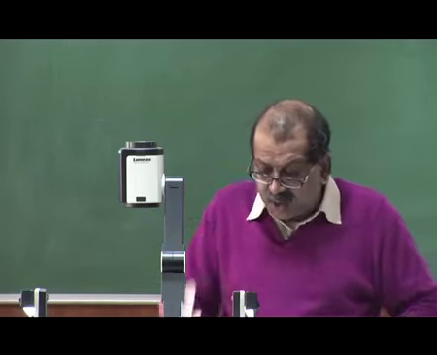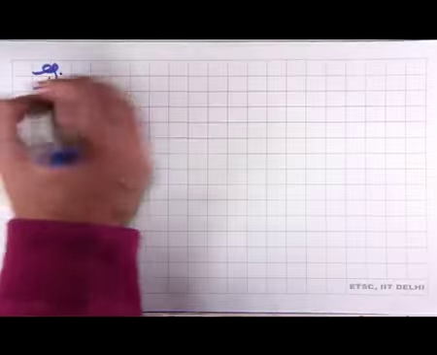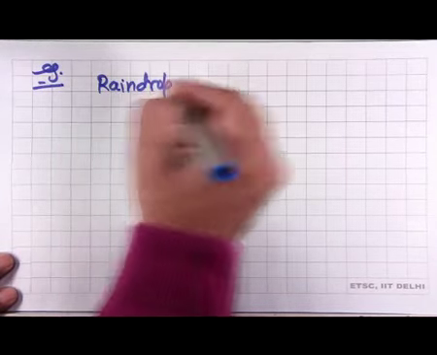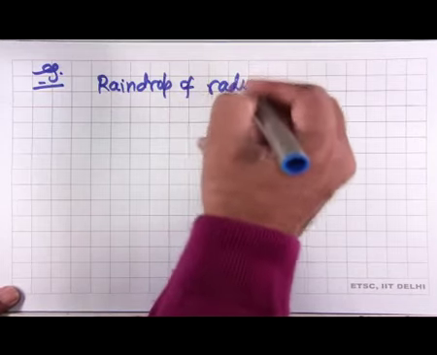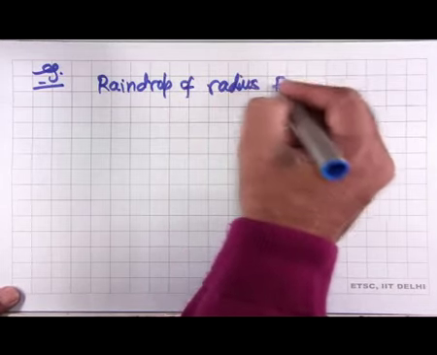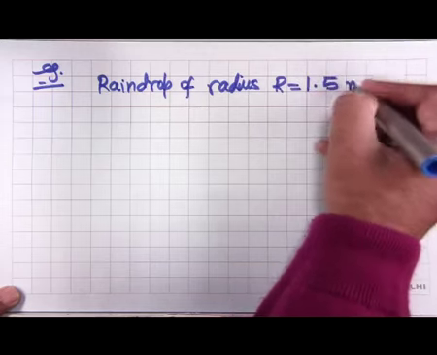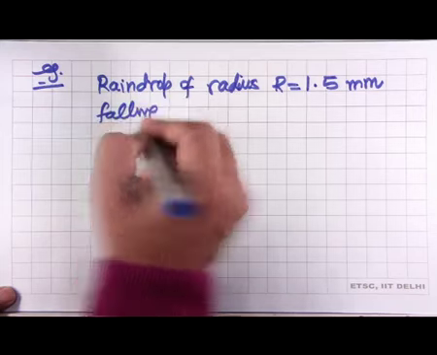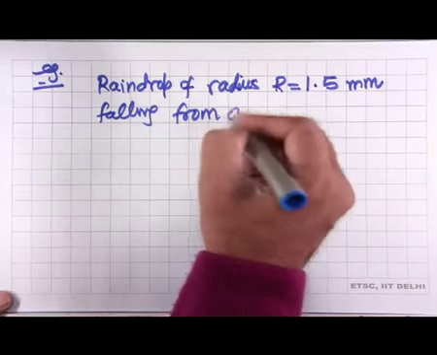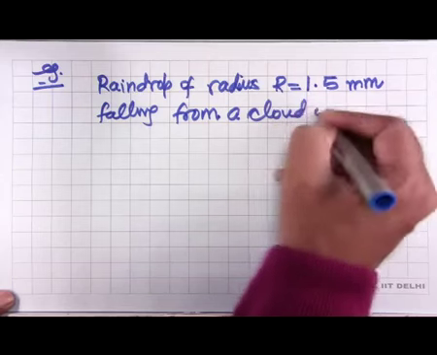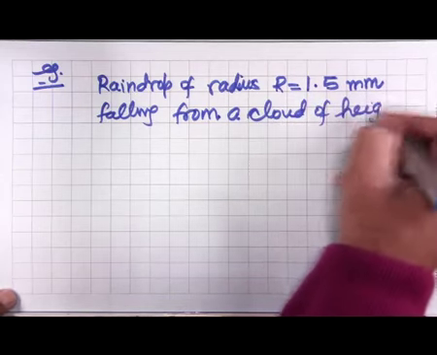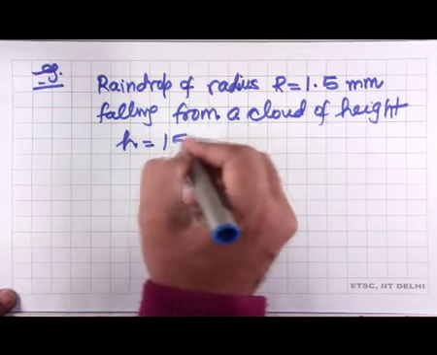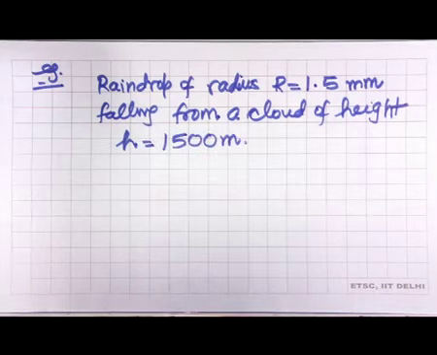And now let us look at an example of a raindrop of radius r is equal to 1.5 millimeter, which is falling from a cloud of height h is equal to, let us say, 1500 meters.